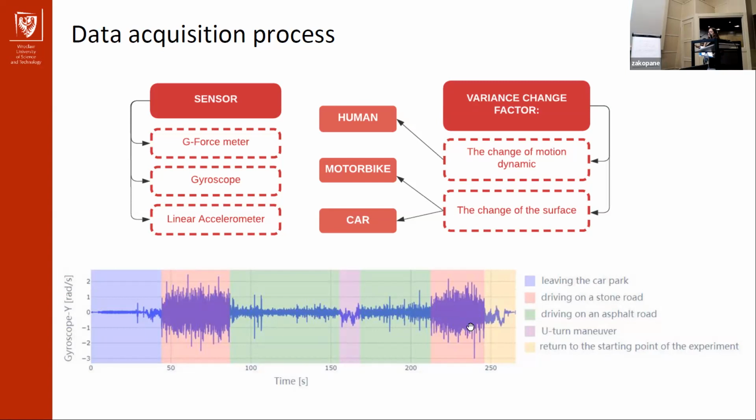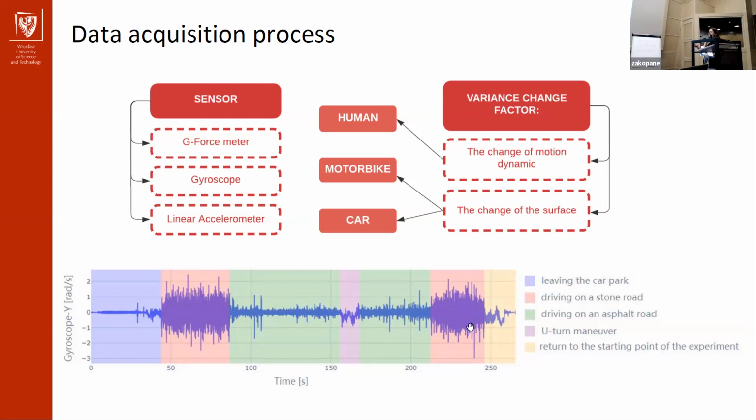As you can see, we have different behavior of our signals when we have different positions of our car and different kinds of movement. Firstly, the car is leaving the car park, next driving on the stone road.